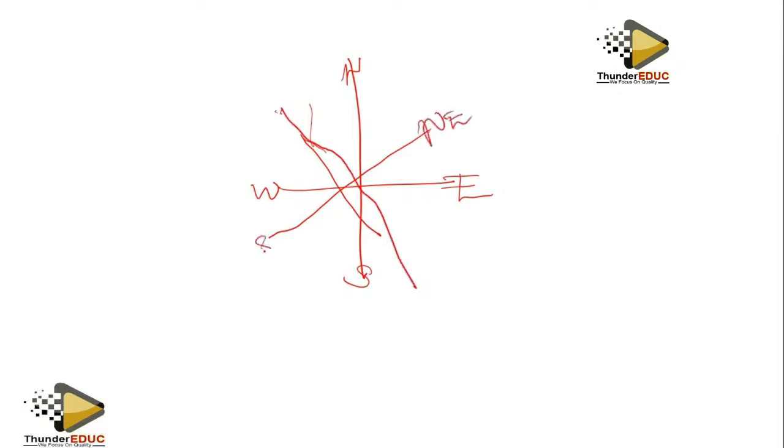Northeast, southwest, northwest, southeast. So somewhere here, you can say north, northeast, south, southwest.